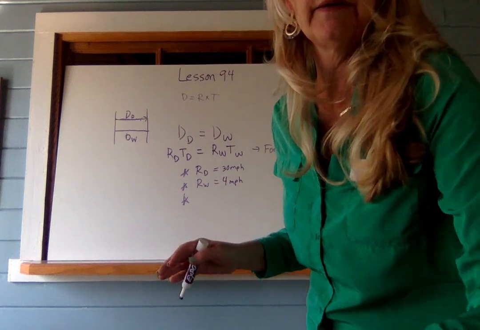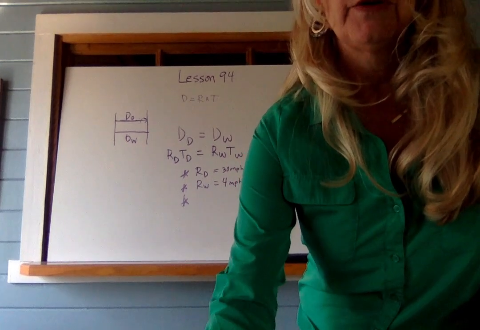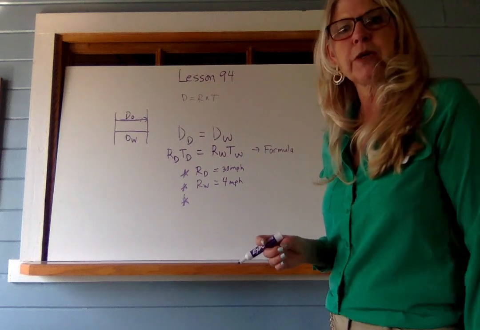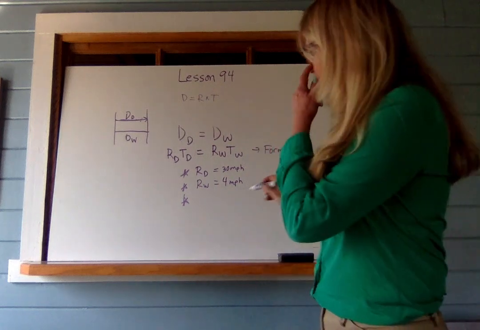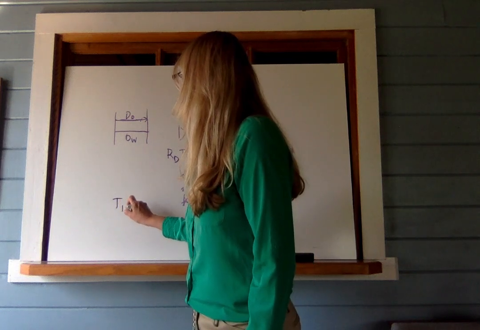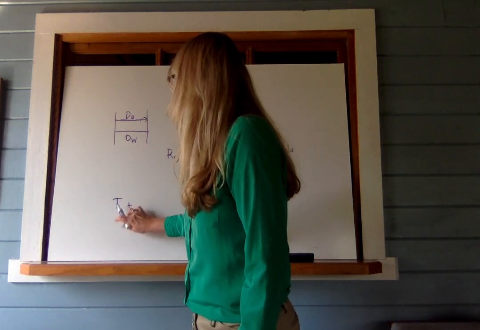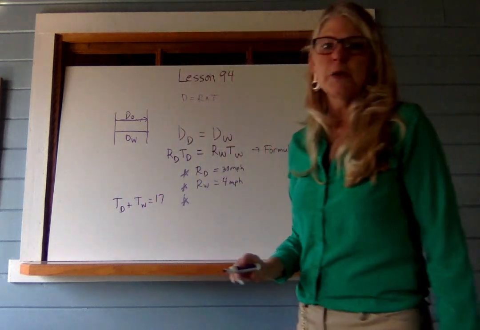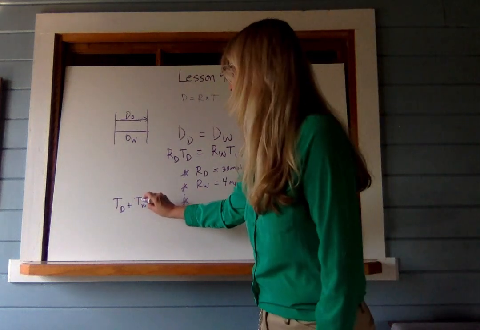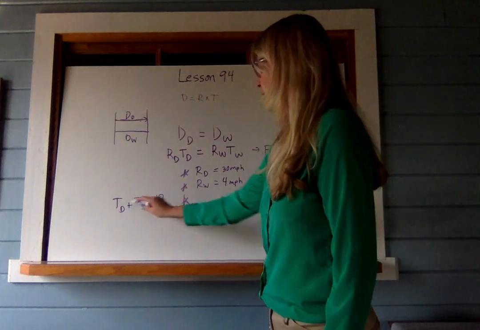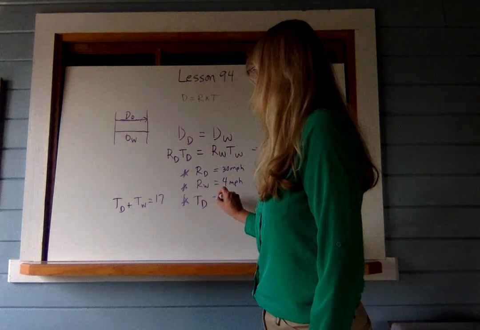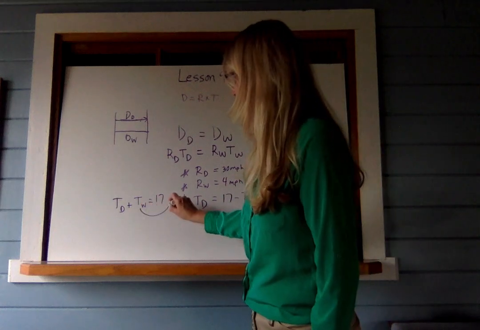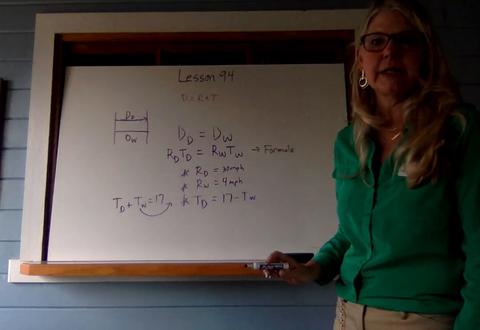So we know that the trip time, time drove plus time walked, equals 17 hours. Remember on lesson 92, I told you how to move one over so we can get the known. So time drove equals 17 minus TW. I brought it to this side so I can have the variable by itself on the left.